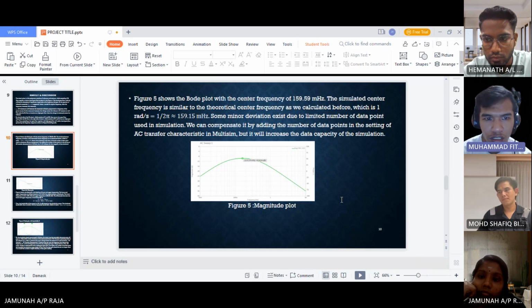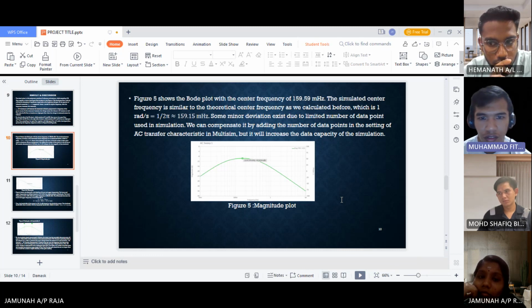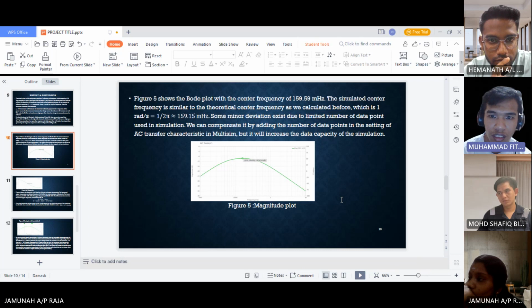The simulation center frequency is similar to the theoretical center frequency we calculated before, which is 1 over 2π root LC, which means 159.50 MHz. Some minor deviations exist due to the limited number of data points used in the simulation.